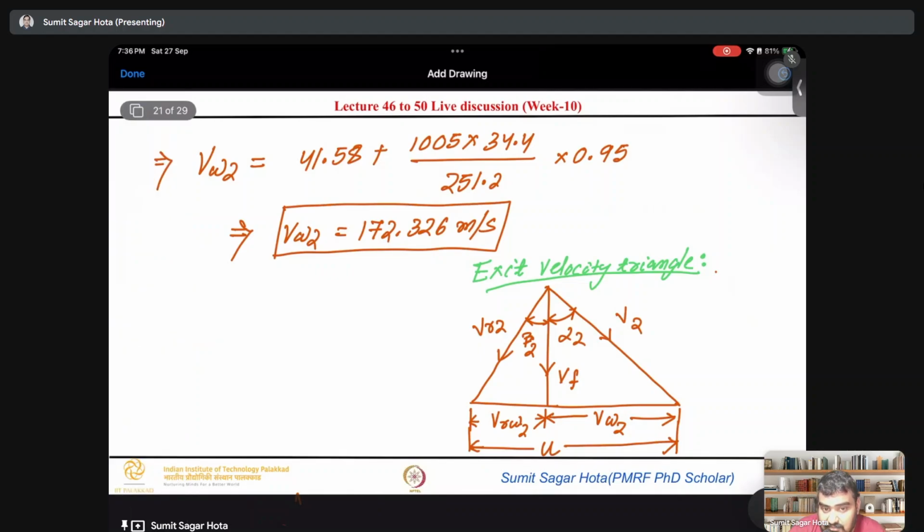So since we have the value of VW2, we already know that. Can we calculate VRW2? Yes, because U is fixed, so you can calculate the VRW.